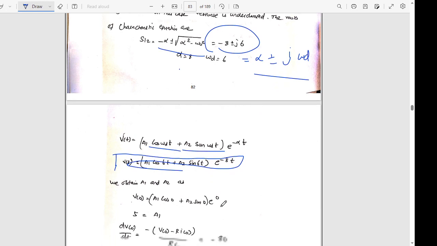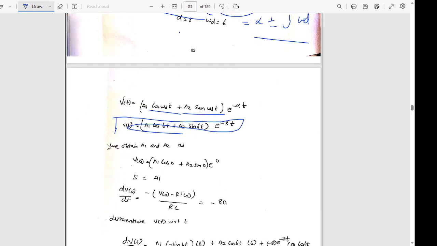Now consider the initial condition. Substitute t equals 0: a1 cos 0 plus a2 sin 0, e power 0. Cos 0 is 1, so a1 times 1 plus 0, and e power 0 is also 1. So v of 0 is 5, so 5 is equal to a1, directly we get. Next, dv of 0 by dt formula is minus of v of 0 plus r i of 0 by rc. v of 0 is 5, r i of 0 is 0, by rc.